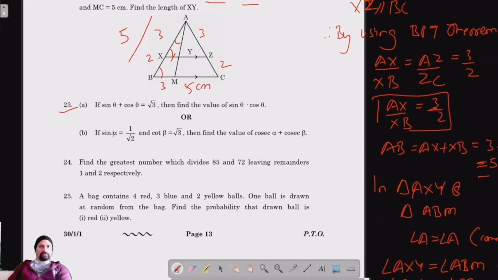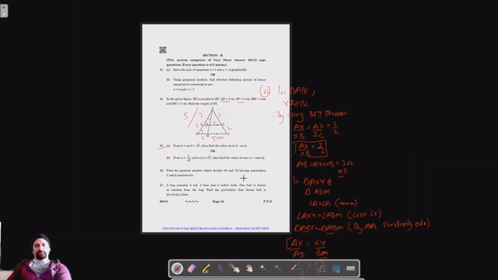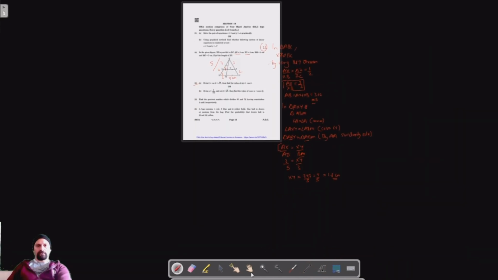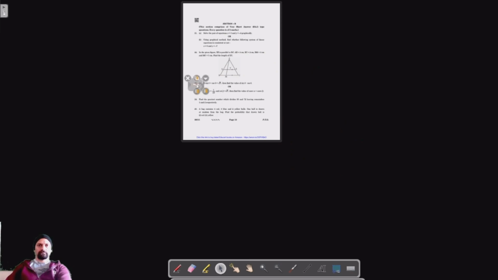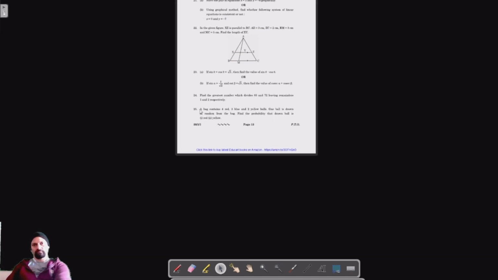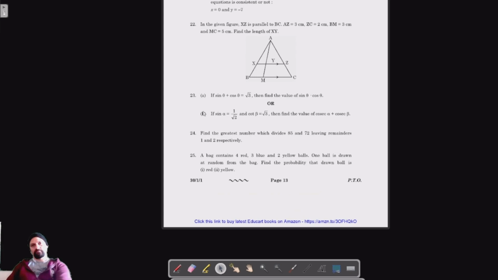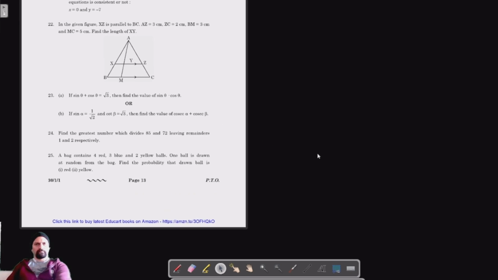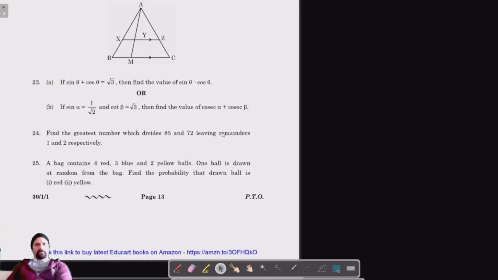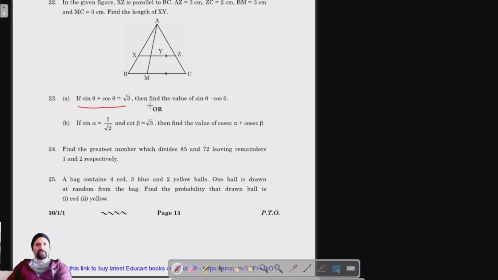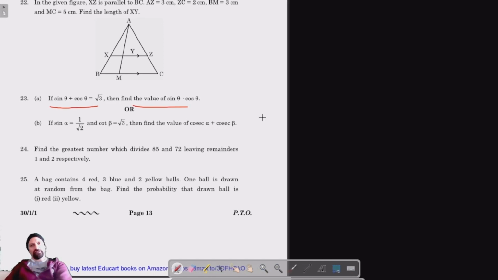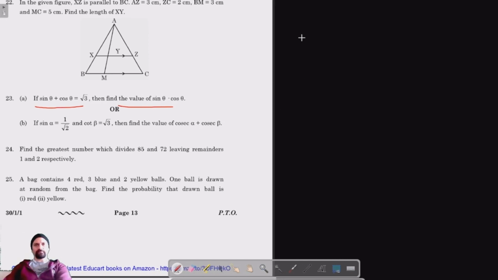And let's move on to question number 23. It's given that sine theta plus cos theta is equal to root 3, and we have to find the value of sine theta into cos theta.